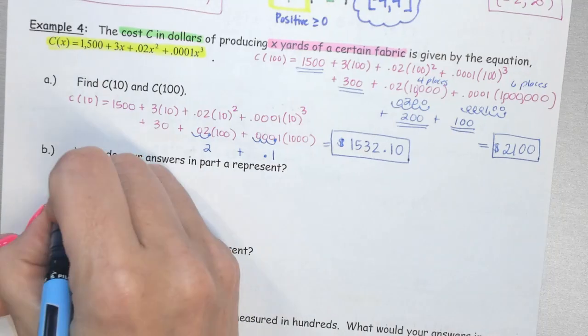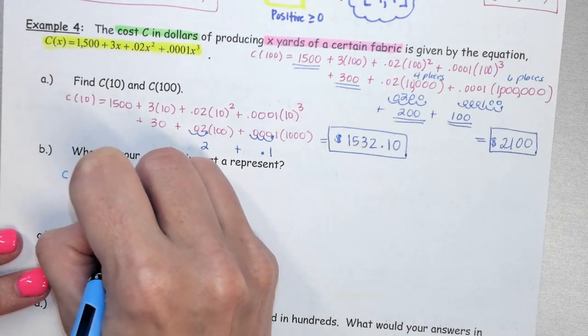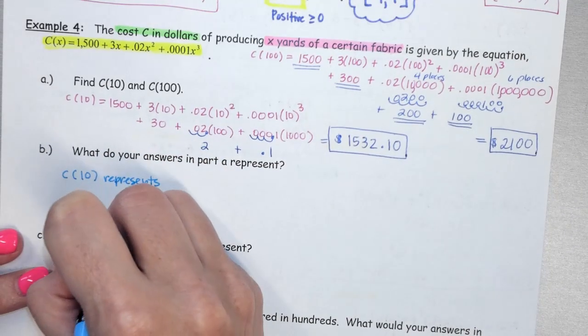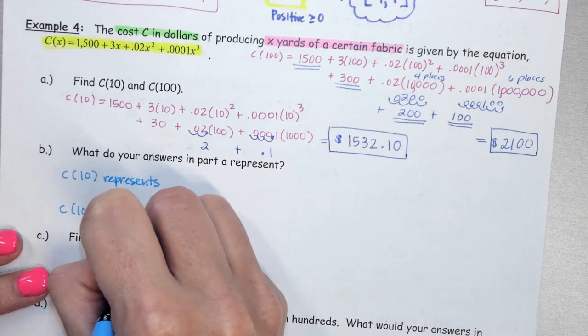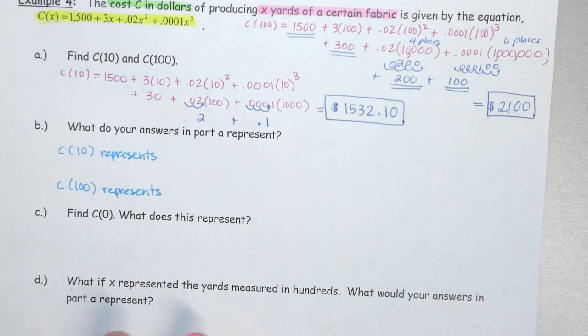So we're going to start by saying C of 10 represents. Okay, and C of 100 represents. And in our explanation, we want to make sure we include both the input and the output, their numbers and their units along with what it means.